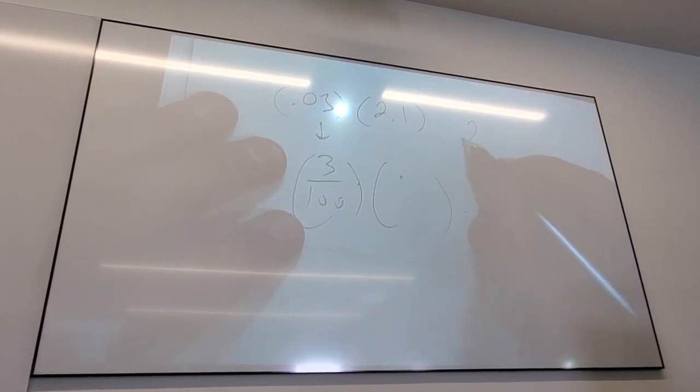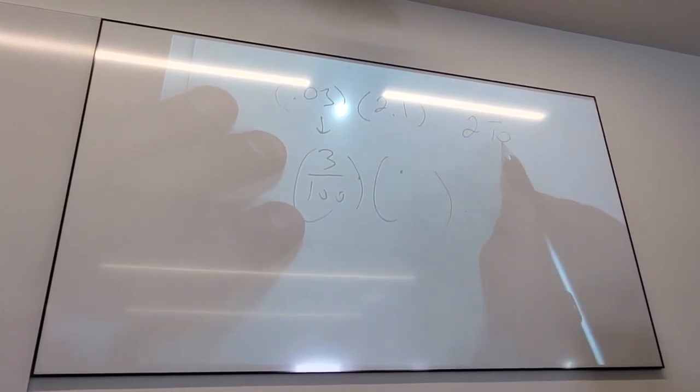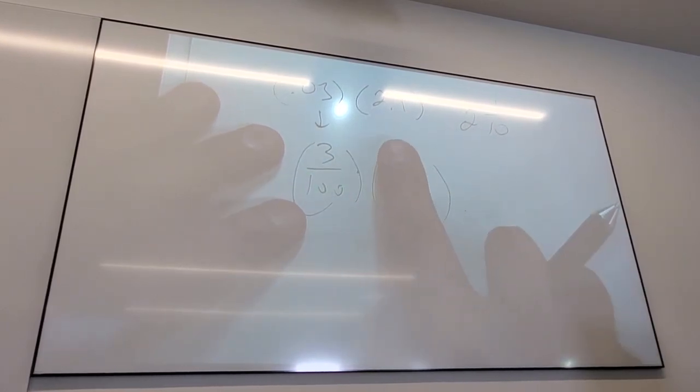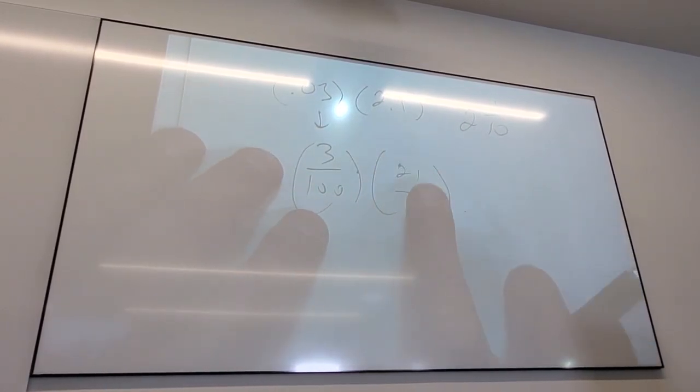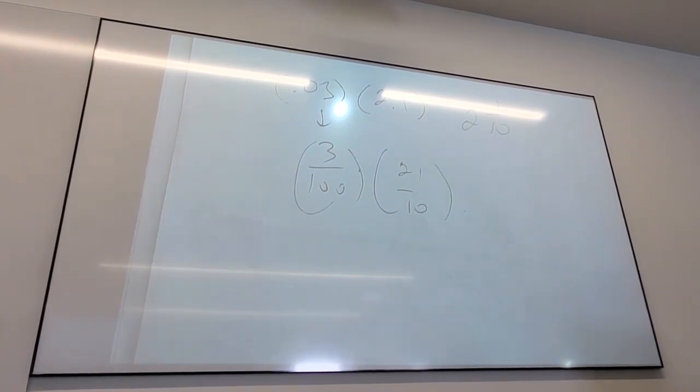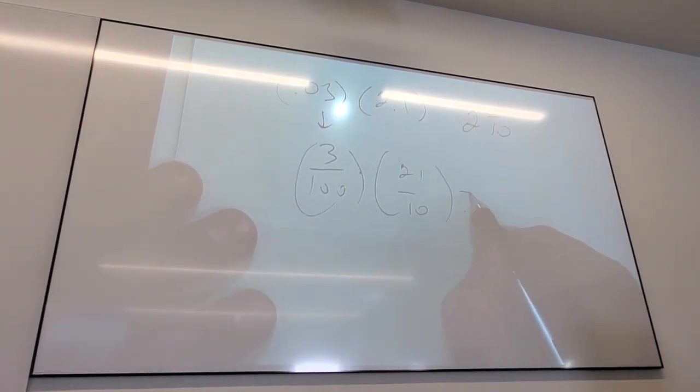So I want you guys to get used to doing this. That's 2 and 1/10, but it's just 21/10. Again, whatever the last digit's place is, that's what I'm gonna put on the bottom, and I'm gonna put all the numbers over it, so 21 over 10. What's 20 divided by 10? 2, and what's 1 over 10? 0.1, so that becomes 2.1. I like it. Now how do I do this?